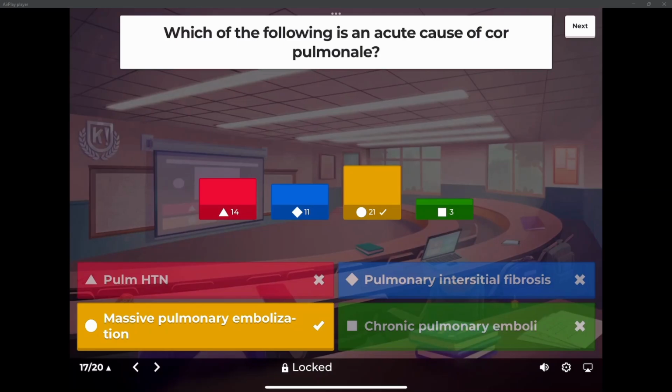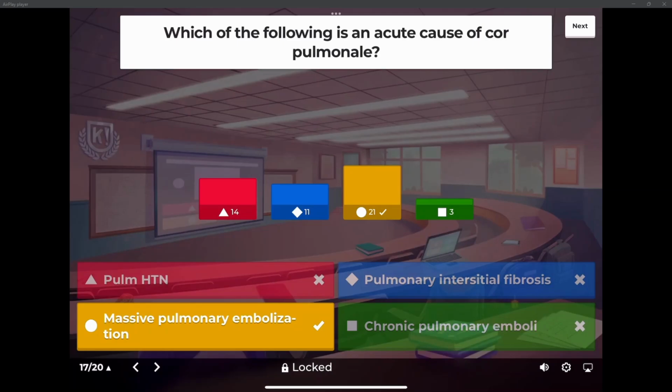It doesn't happen overnight. Pulmonary interstitial fibrosis takes years and years to develop. If you have that disease, what type of pattern of lung disease will you have? Restrictive or obstructive? This is your restrictive diseases. Pulmonary interstitial fibrosis is part of your restrictive diseases.